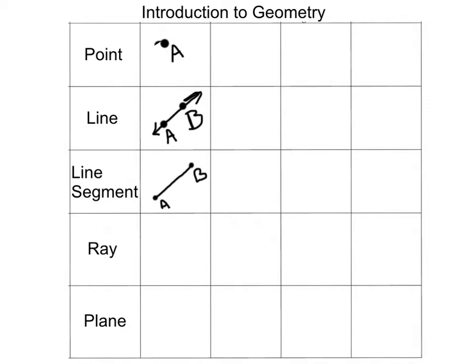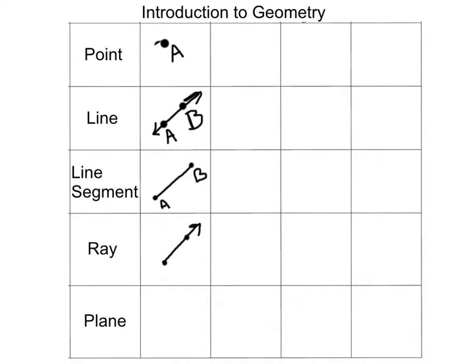Next thing we're going to look at is a ray, and a ray is basically a part of a line. It starts in one direction and it only goes in the one direction. And when you label a ray, this is the first time where we have to be really careful about how we label something. When we talk about lines and line segments, we can start at either A or B and go in either direction.